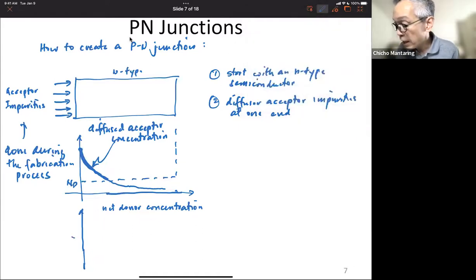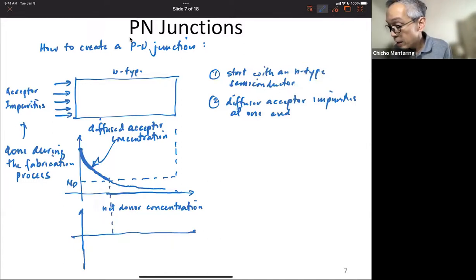That is going to look like this. So here, my net concentration is going to be 0 because they're equal. The injected and the original are equal. Here it's going to be negative, and here it's going to be positive.